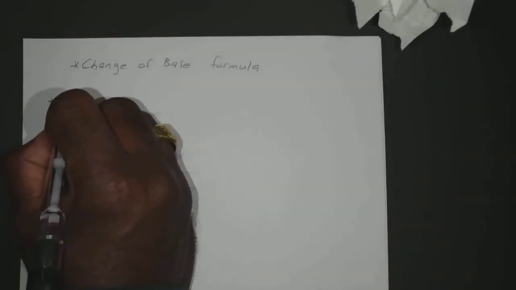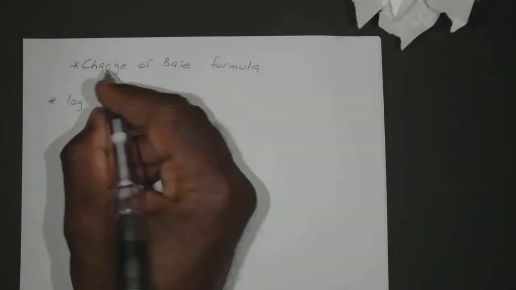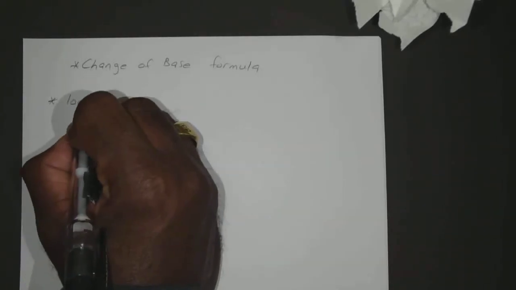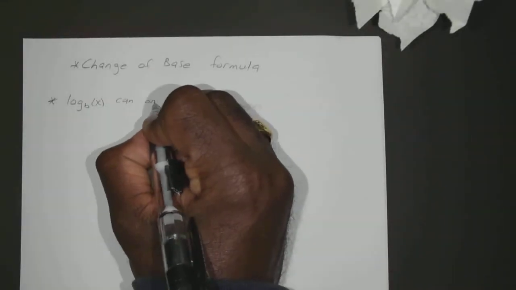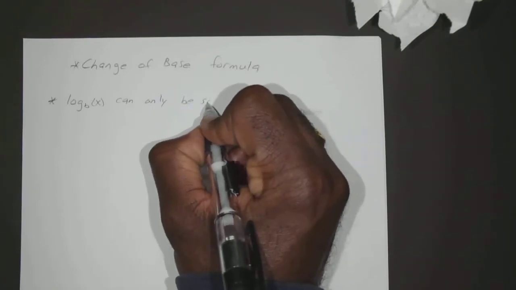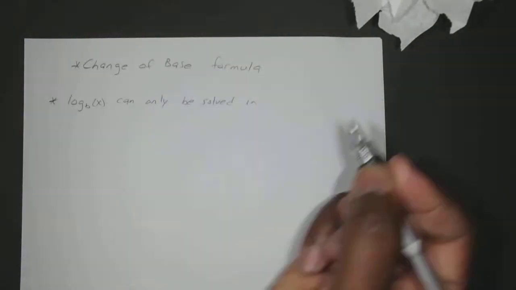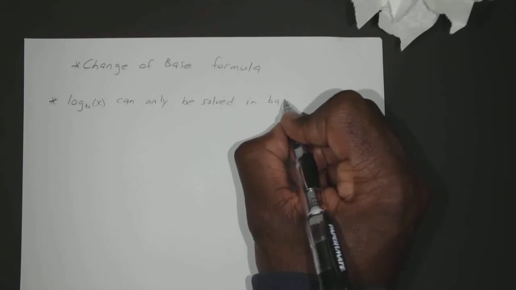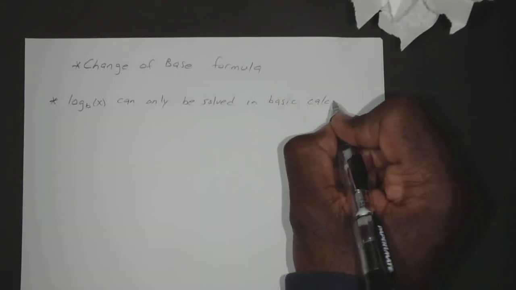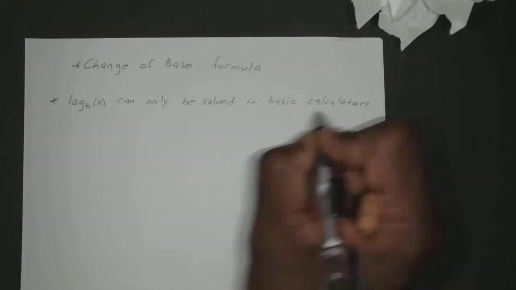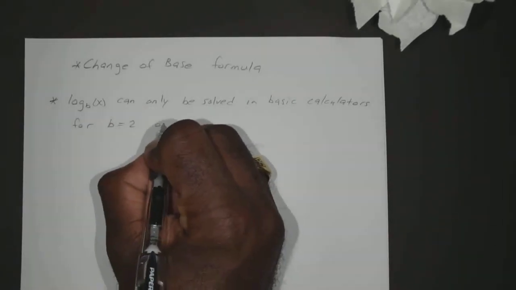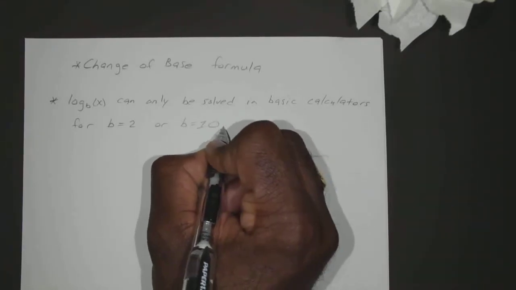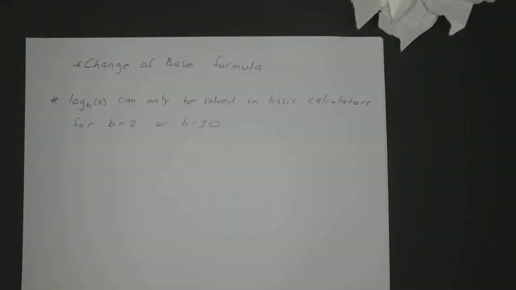So log base b of x can only be solved in pretty basic calculators for base equals 2 or base equals 10. Like I said, once you get into the graphing calculators and everything else, it's different.